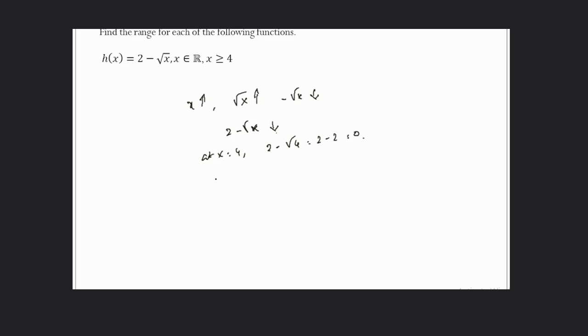Then at x equal to 9, square root of 9 is 3, so 2 minus 3 is minus 1. This is less than 0. So it goes down to minus infinity because as x tends to infinity, root x tends to infinity. This implies minus root x tends to minus infinity.